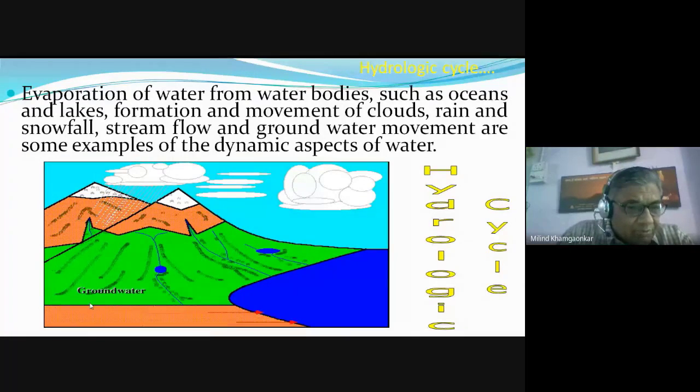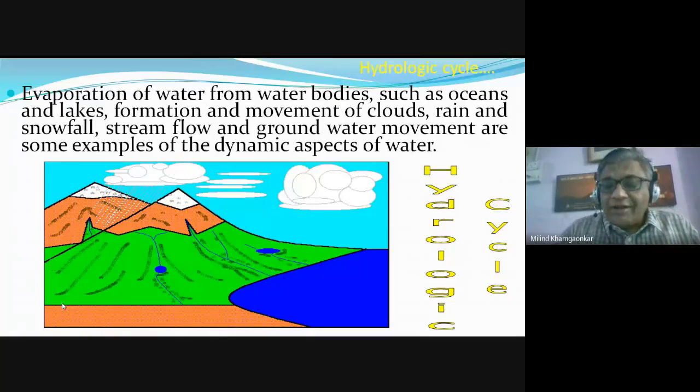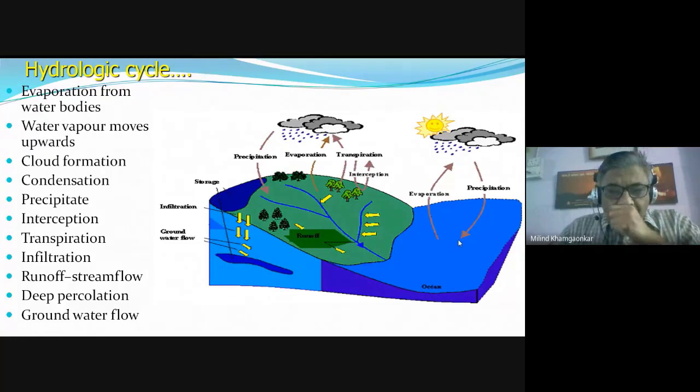And a certain part of the water, due to gravity, percolates or infiltrates below the ground surface, reaches the groundwater table and raises it. That runoff is called the groundwater flow, or the base flow.